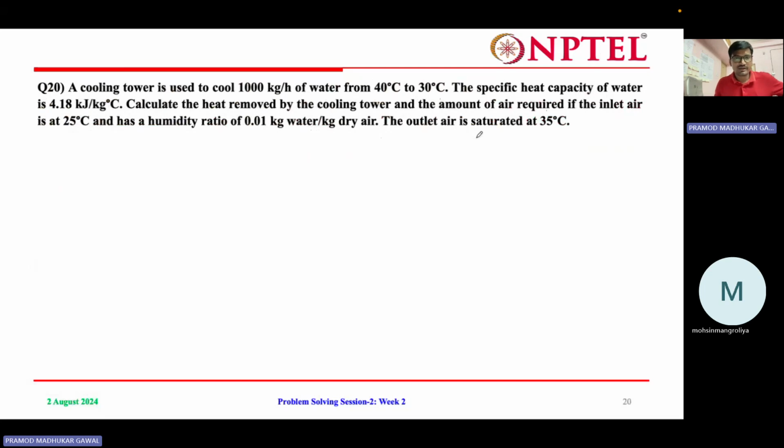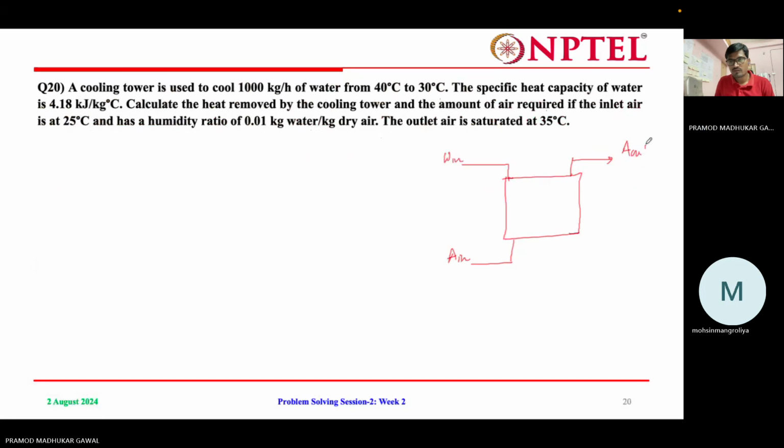So in this question, we have to calculate how much heat is removed from the cooling tower and the amount of air required. Here is a cooling tower: air in, water in; A denotes air and W denotes water; air out, water out.